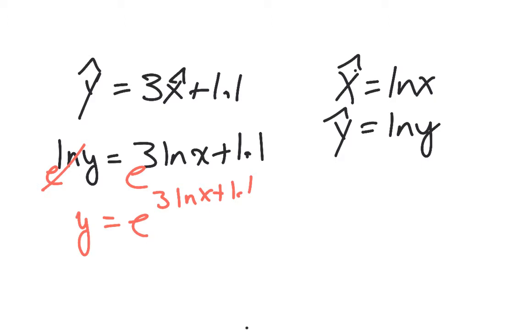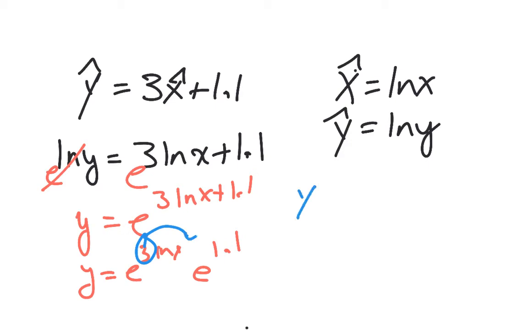So we need to break this apart the best we can. What I want to get is y equals e to the 3 ln x. Now if you have a coefficient in front of a log, you can move it up to the exponent. Where this 3 is right here in the front, we can take it up to the exponent, using the properties of logs.